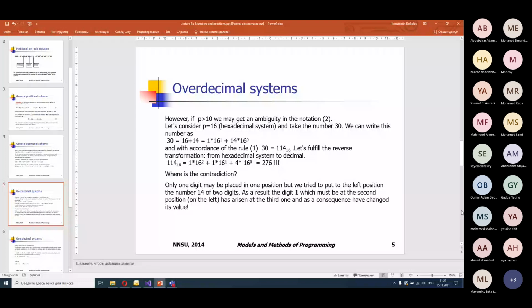The thing that I want to show you is that one number can be written in different systems of notation: binary, octal, hexadecimal. And in computer memory, the numbers are stored in the binary system.